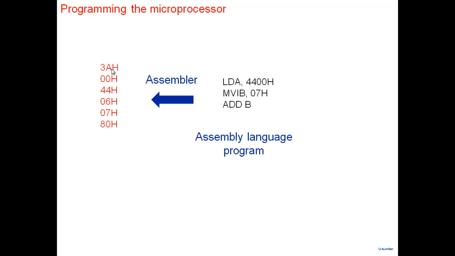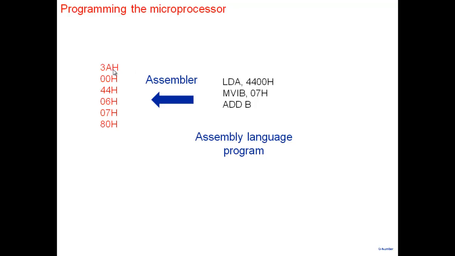LDA, for example, is 3A. So what will actually be stored in the memory is 3A, then the lower byte 00, then 44. So that's the first instruction. MVI B, 07: the code for MVI B is 06, and then you load the data 07. And the code for ADD B is 80H. So I need an assembler, a program which will take this and translate it into this.